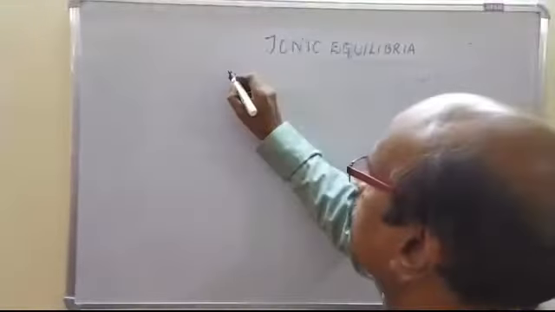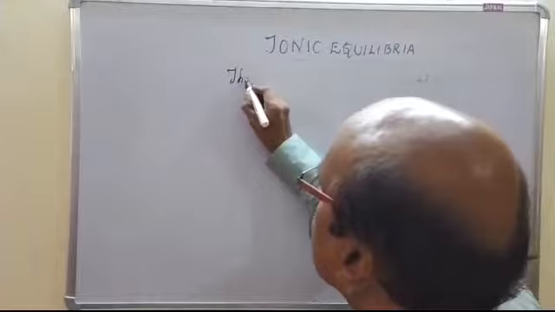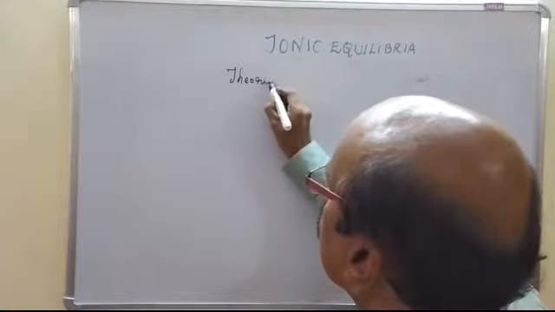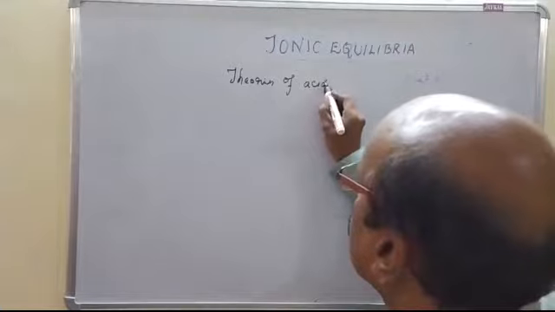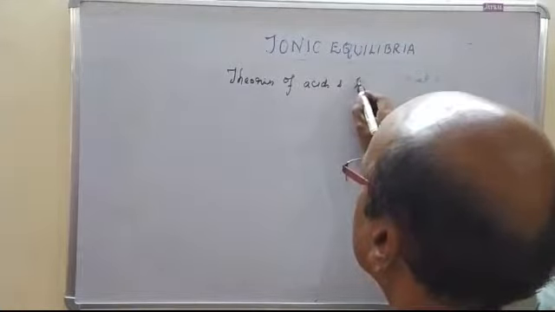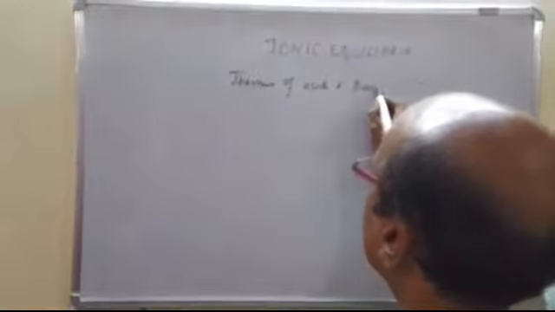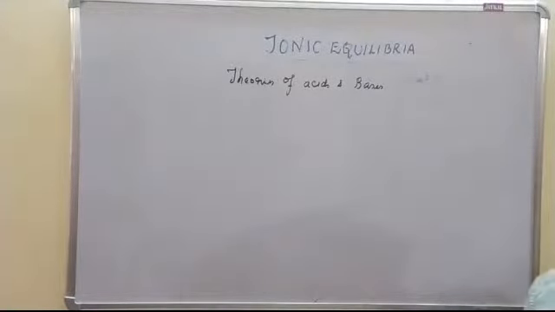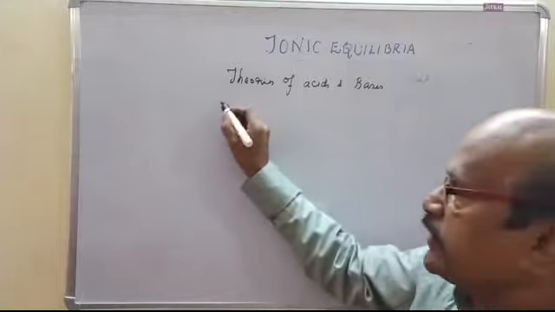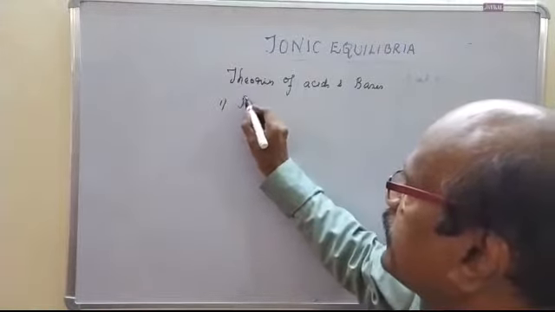Various theories of acids and bases. We can discuss the various theories one by one. The first theory, that is the classical theory, that is the Arrhenius theory.